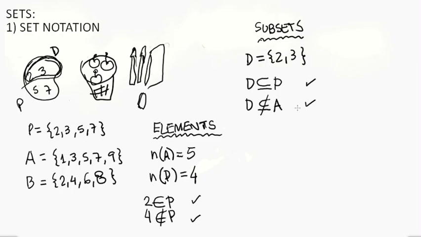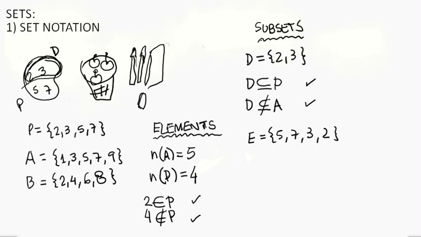Now, two sets are equal if they are exactly the same. So let's say that Mr. Daniel's favorite numbers are expressed by set E, and I've chosen 5, 7, 3, and 2. Those were my choices. Is set E and P the same?